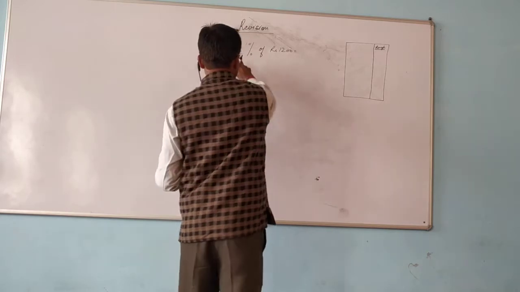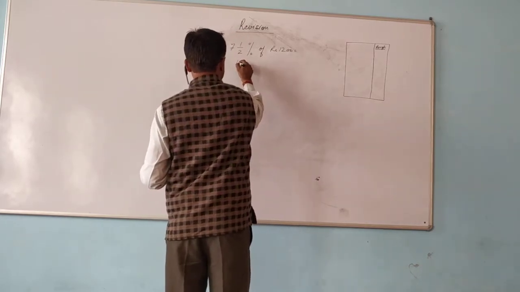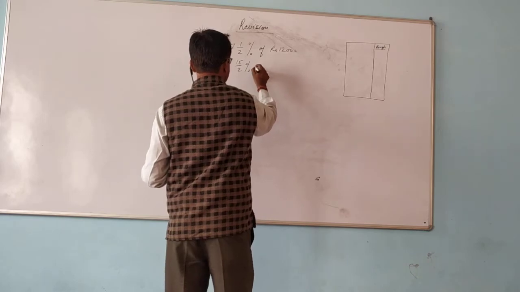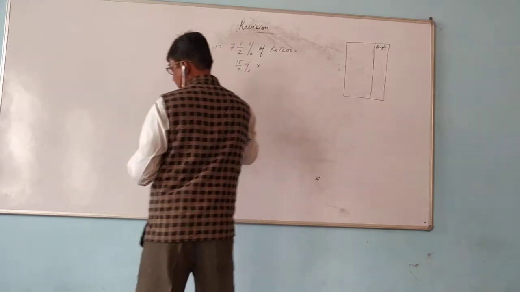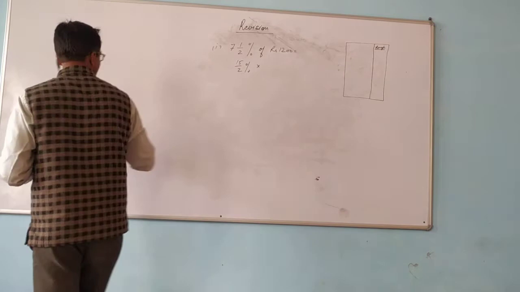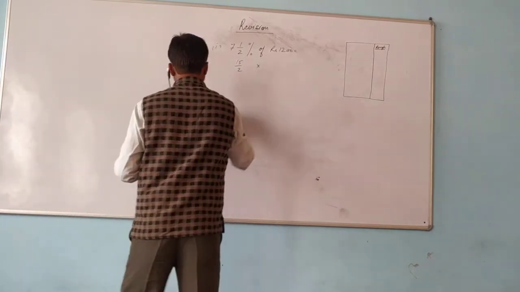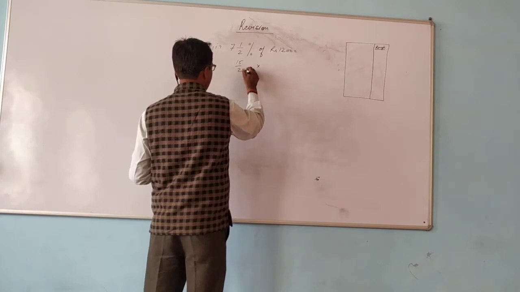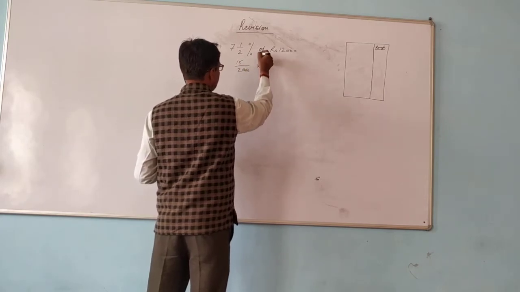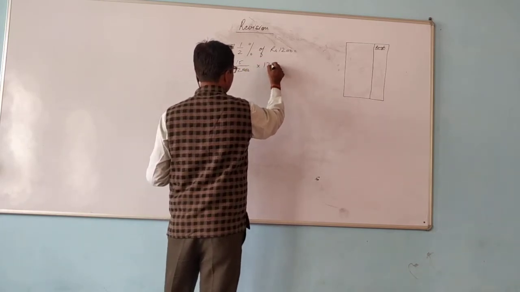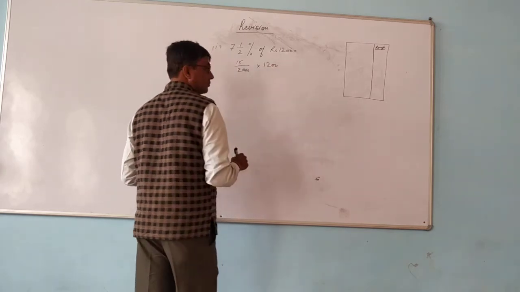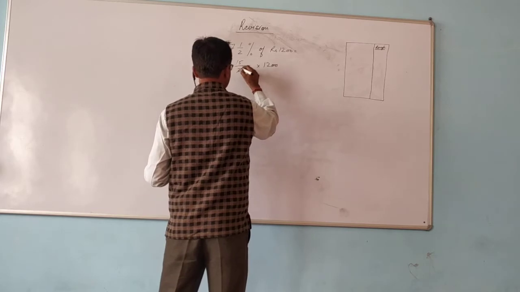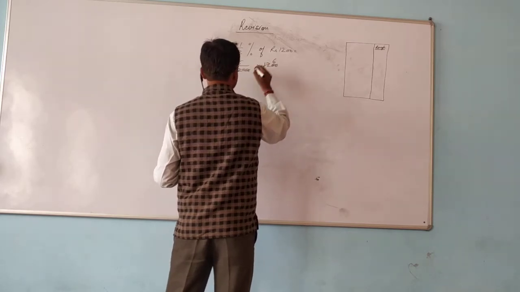Means 2 sevens are 14, 15 upon 2, that is 15 upon 2%. Of means percent, I am just removing. Instead of percent, what do we use? Yes, we use 100. So when we bring 100, it gets multiplied into 2, so it is 200, and 1200. The 2 zeros cancel out, with 2 we cancel out 6.